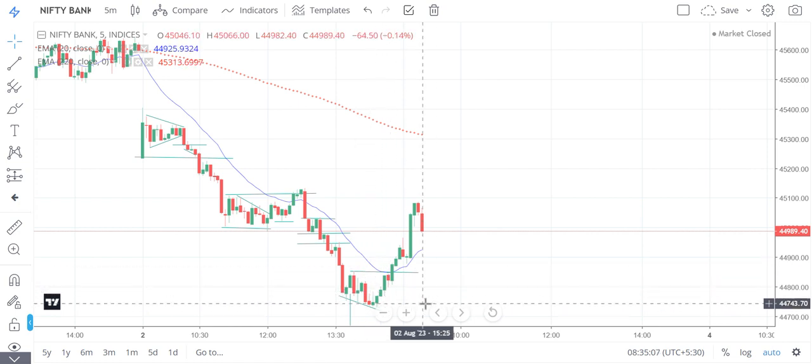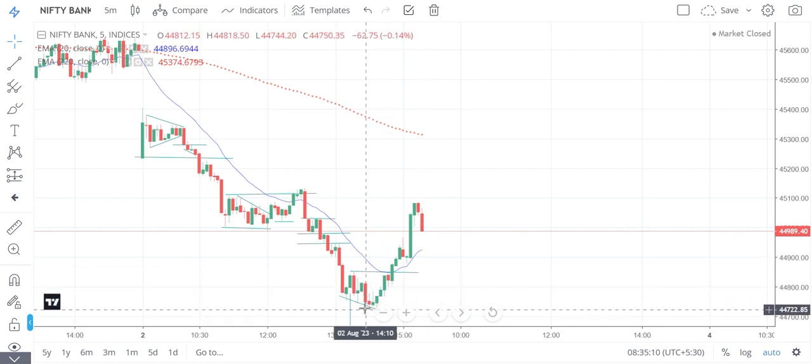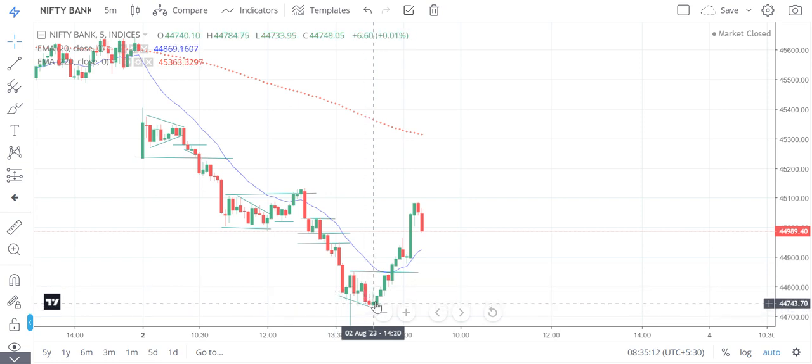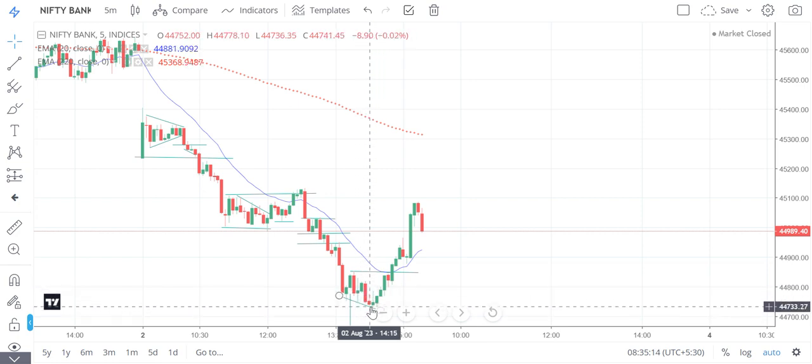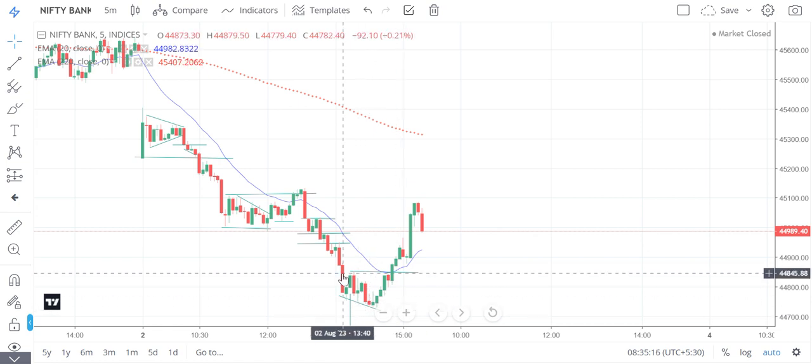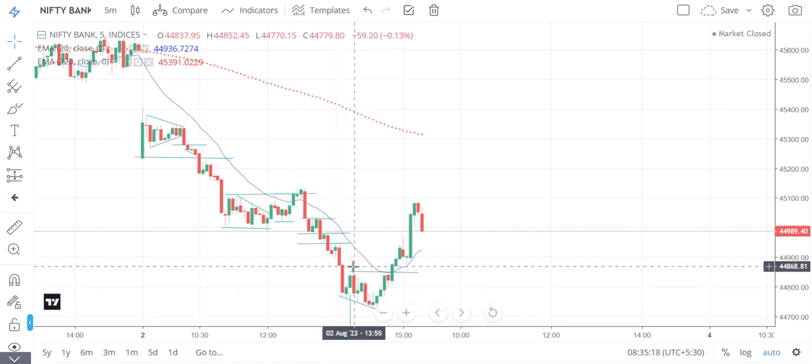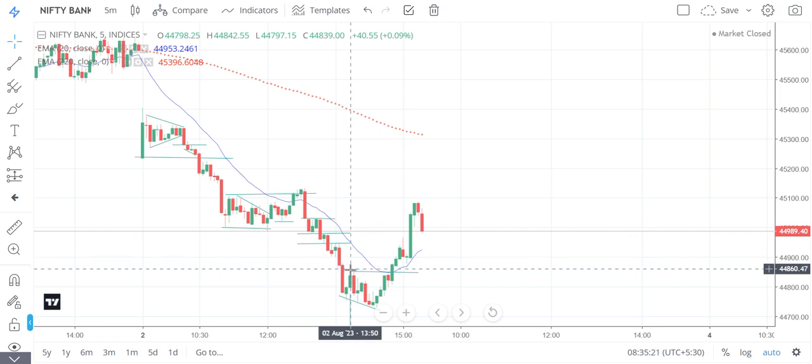Now after the market breakouts to new low, then they would use stop loss above this bar. So the stop loss would be here.